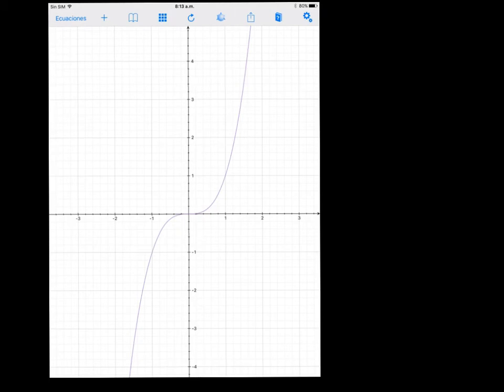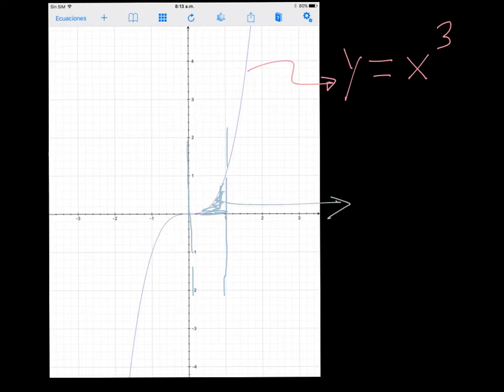So if we draw the original function, which was y equals x cubed, and we take into account the two limits of integration, which are 0 and 1, what we are obtaining with the definite integral is the area which is under the curve and between the two limits of integration. So this area over here is equal to 1/4 unit squared, a fourth part of a unit.